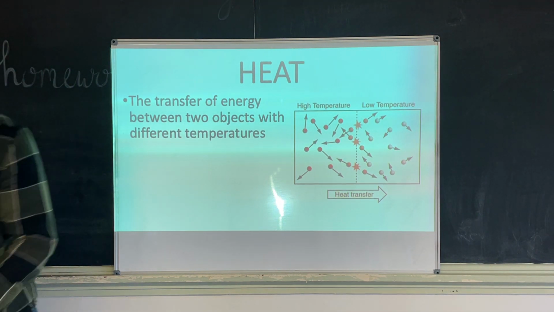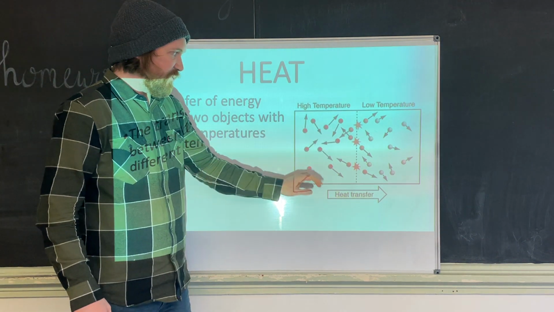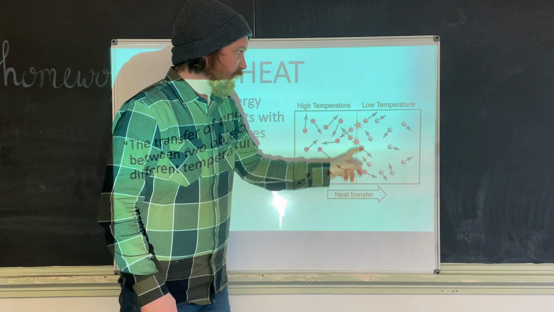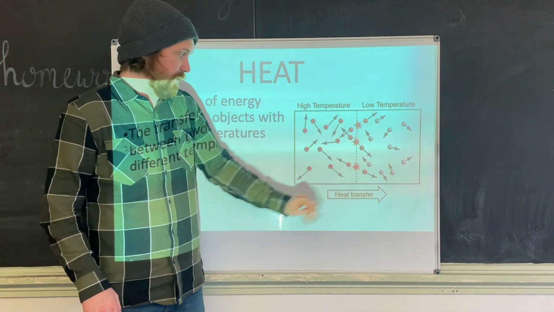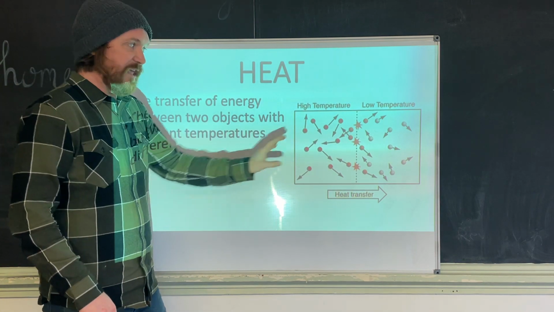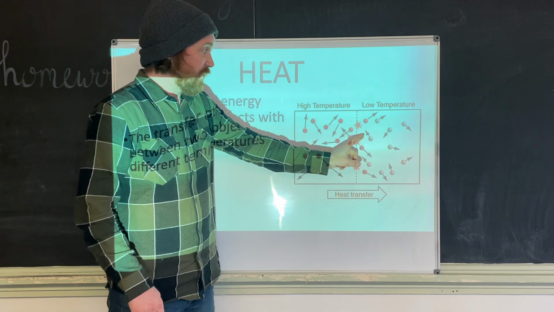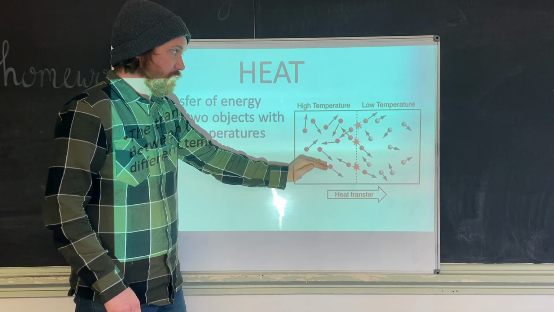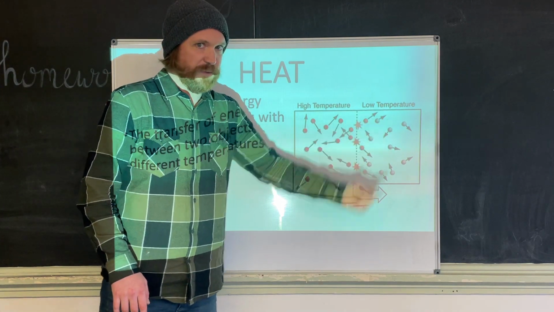Again, objects that have high temperatures have these super fast moving atoms that are all over the place, and objects with low temperatures, okay, have slower moving atoms going between them, all right? Well, again, what's happening is those fast atoms smack into those slow atoms, okay? And that causes the fast moving atoms to slow down, and it causes the slow moving atoms to speed up.